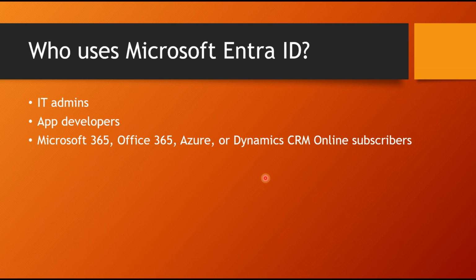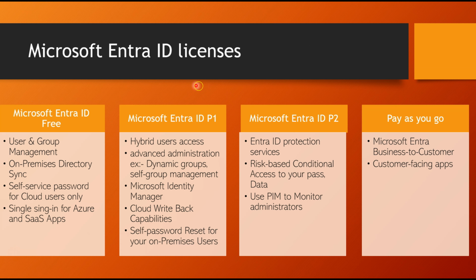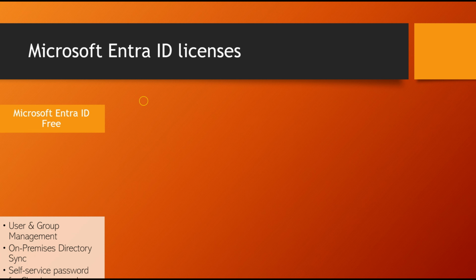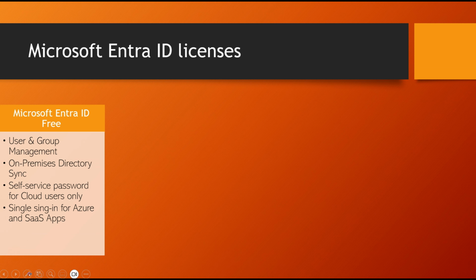Now let's have a look at the licensing point of view. When you look at the licensing, you have multiple options. In total, you have four different options. Starting with Microsoft Entra ID Free, you don't need to buy anything, and I'm going to talk about the pricing in detail also. As you can tell, the free is really free, and with the free you have a lot of limitations.